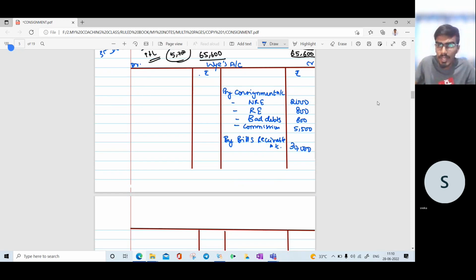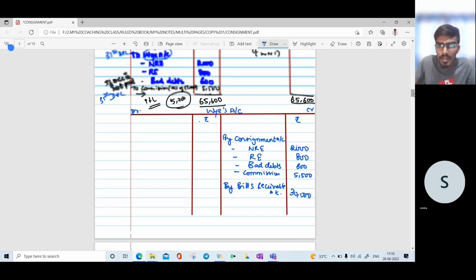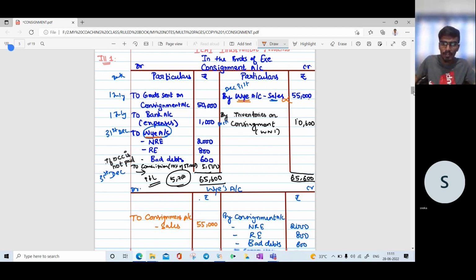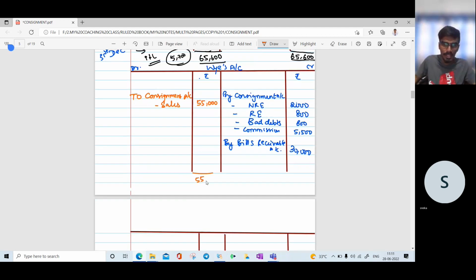Then we need to write here, we have consignment, we have WY, we have W. So in this column also we will write to consignment account. In the bracket you can write sales. So total how much? 55,000. In the column we can easily get it tallied, 55,000.